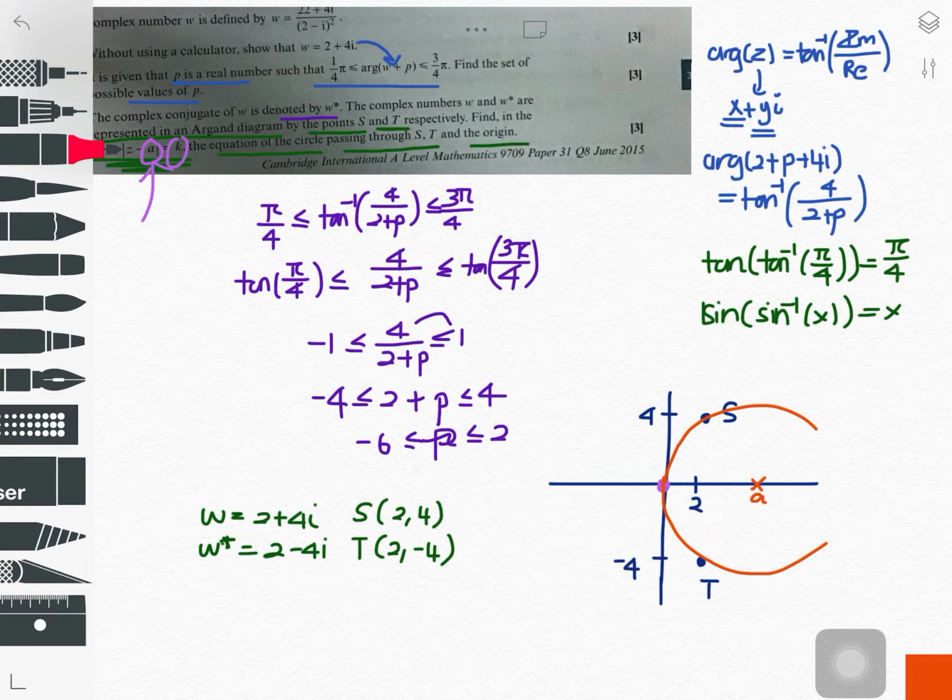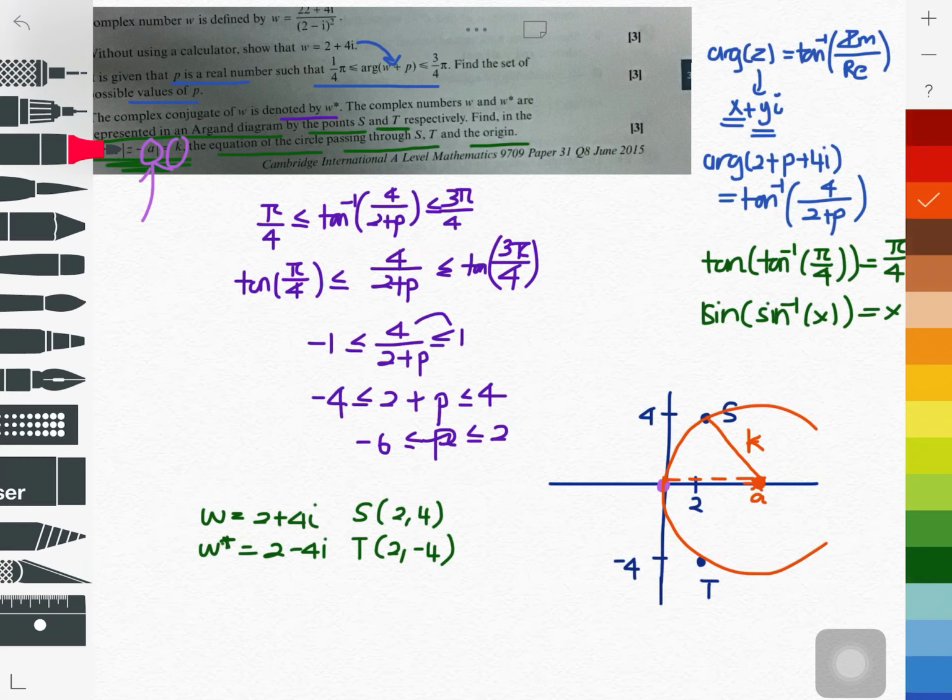The center is A given there, and now this part here is your radius, which is the K. If center to S is K, what is center to origin? Also K, right? Okay, good.